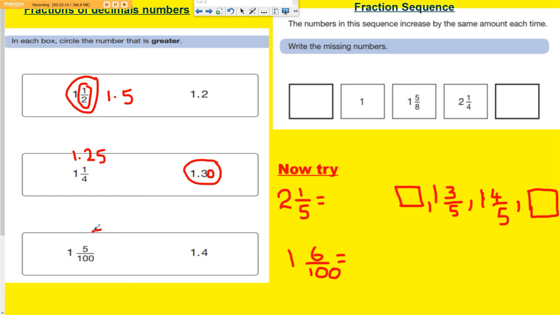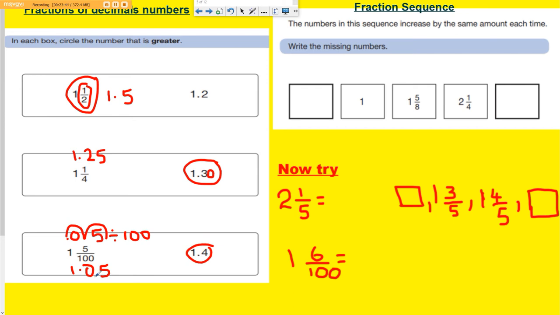So we've got 5 divided by 100. Now we're looking at our place value. If we divide by 100, the number is going to move to the right 2 places. So this is what's going to end up happening. Okay, so we get 0.05, so that becomes 1.05. So which one is greater?